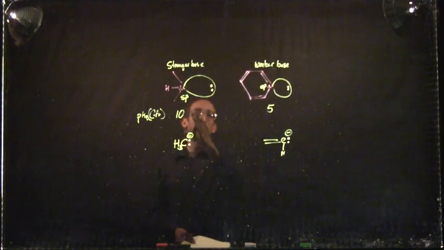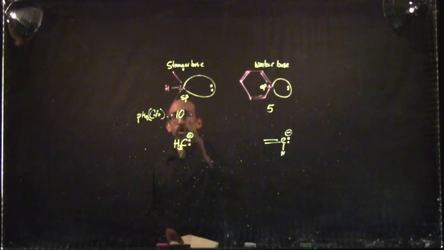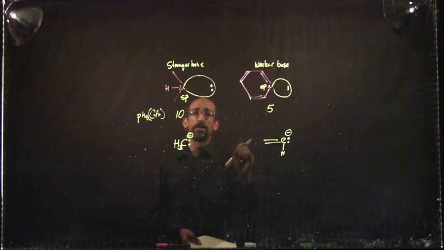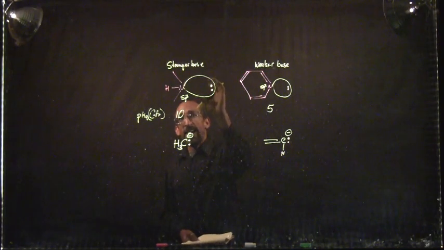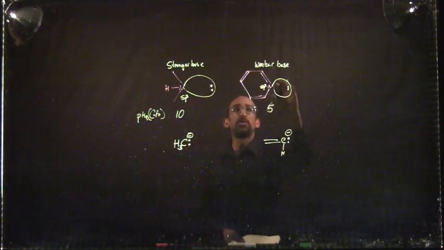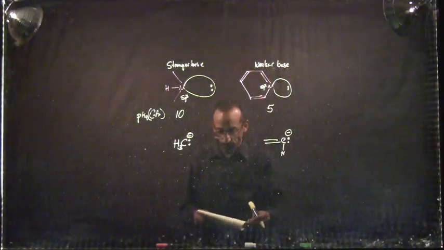So again, as we change our hybridization, moving from a larger hybrid orbital to a smaller hybrid orbital, our electrons become less available to make a bond, which means that a large hybrid orbital gives us a strong base, and a small hybrid orbital gives us a weaker base.